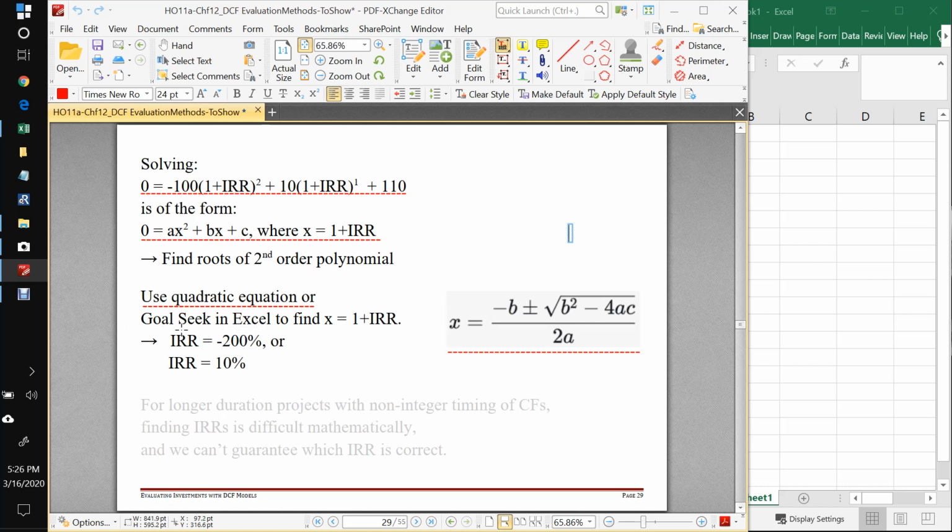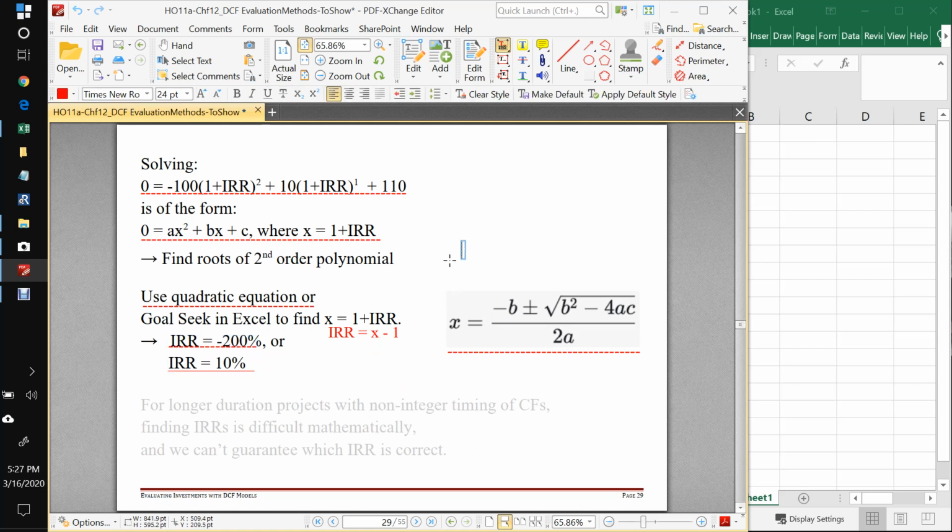We could use goal-seek in Excel. Either way, we can find x equals 1 plus IRR, and then, of course, IRR is equal to x minus 1. And we find two roots, two possibilities for IRR. IRR equals minus 200%, that's probably not good, or IRR equals 10%.